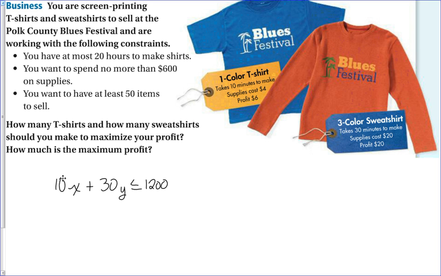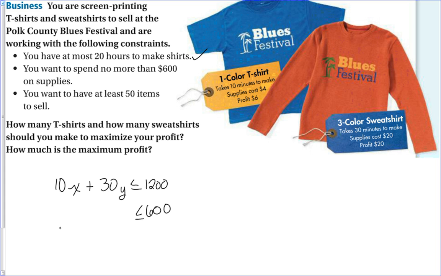It takes 10 minutes to make a t-shirt plus 30 minutes to make a sweatshirt. That has to be less than or equal to 20 hours, or 1,200 minutes. Now, you want to spend no more than $600 on supplies, so our inequality will have to be less than or equal to 600.